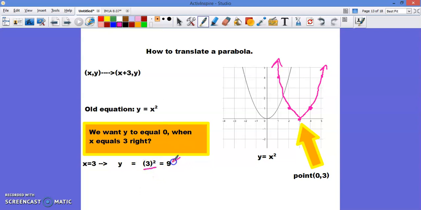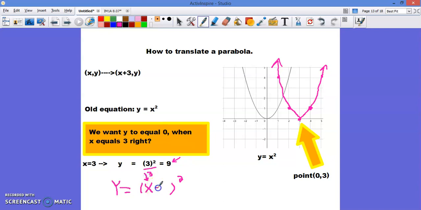Okay? Got it? But what I want is y to be 0. So I have y equals something squared. I need this to become 0. Well, what can I do when this x is a 3? I need to make this equal to 0. So what can I do to that value of x?